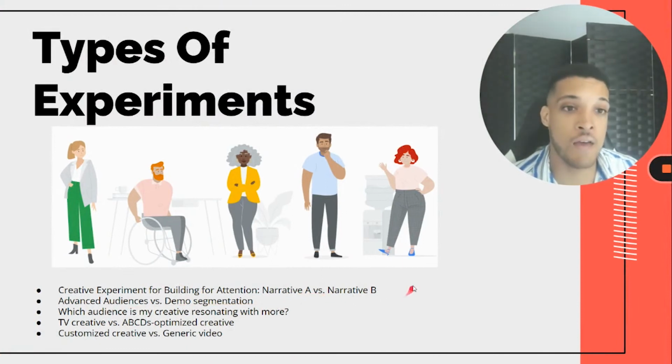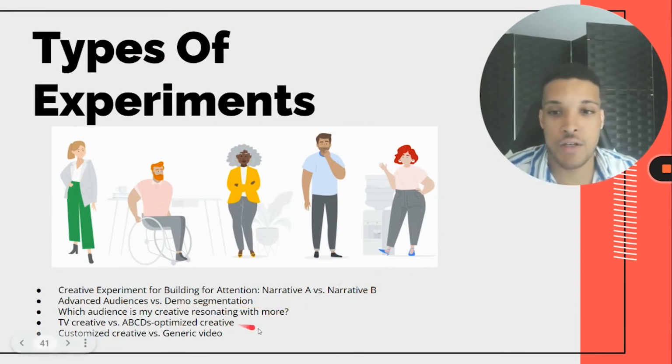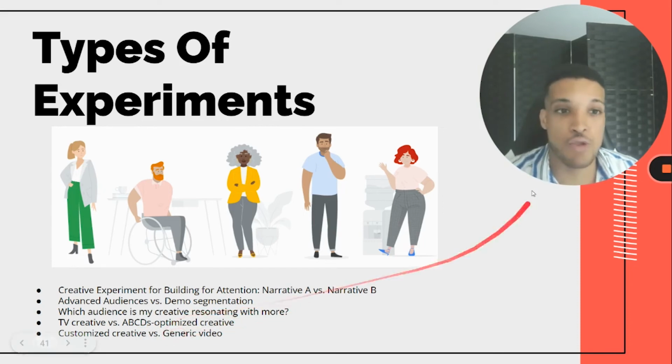You can see here some examples of experiments: narrative A versus narrative B, advanced audiences versus demographic segmentation to see which audiences resonated with the creative more, and a TV creative. Some brands just have a TV creative they want to repurpose on YouTube, so they might A/B test that versus the ABCDs that I just talked about, and then customized creative versus generic.